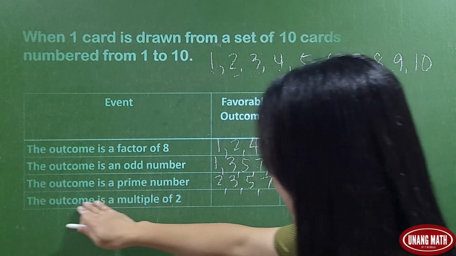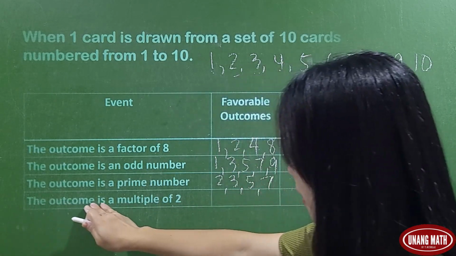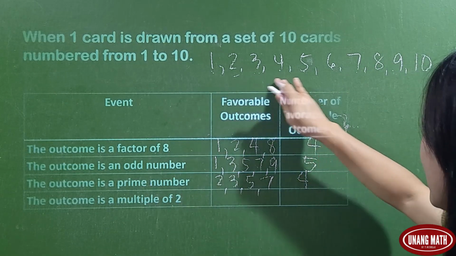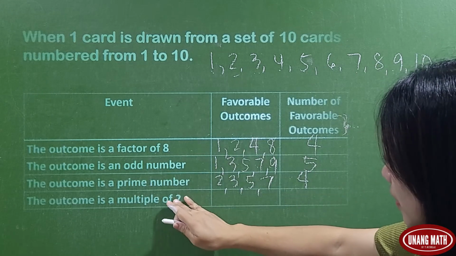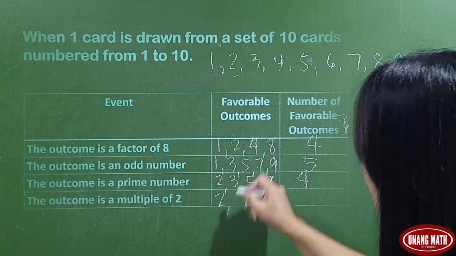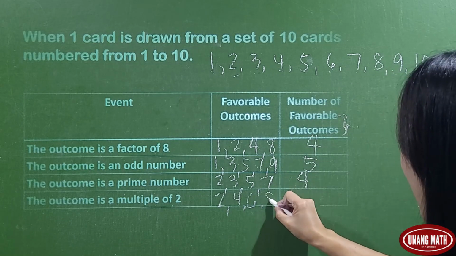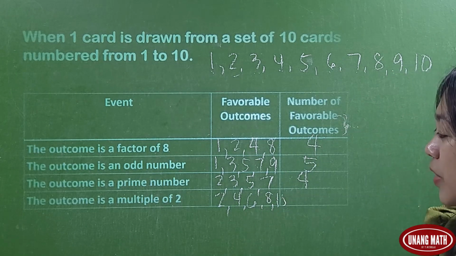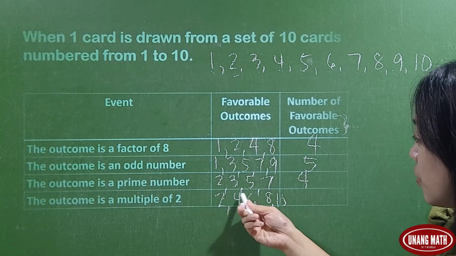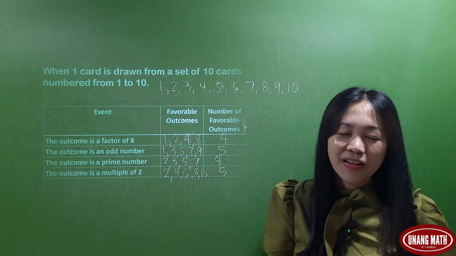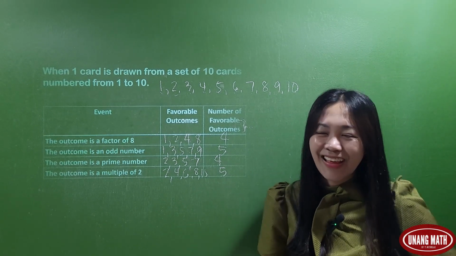And for the last event, the outcome is a multiple of 2. Multiples of 2 are 2, 4, 6, 8, and 10. So 1, 2, 3, 4, 5. There are 5 favorable outcomes.